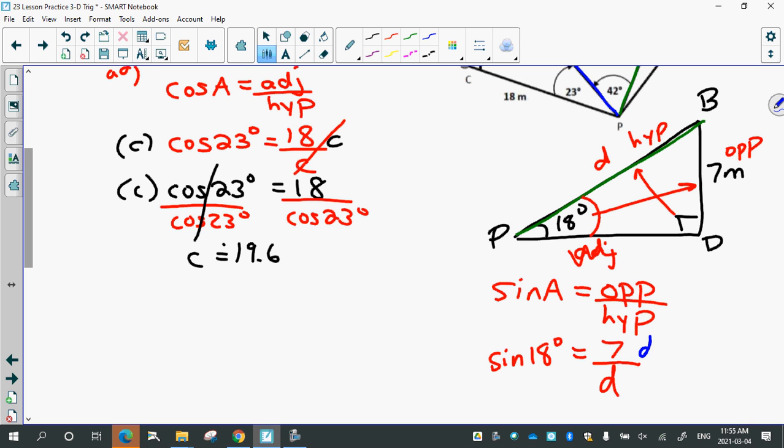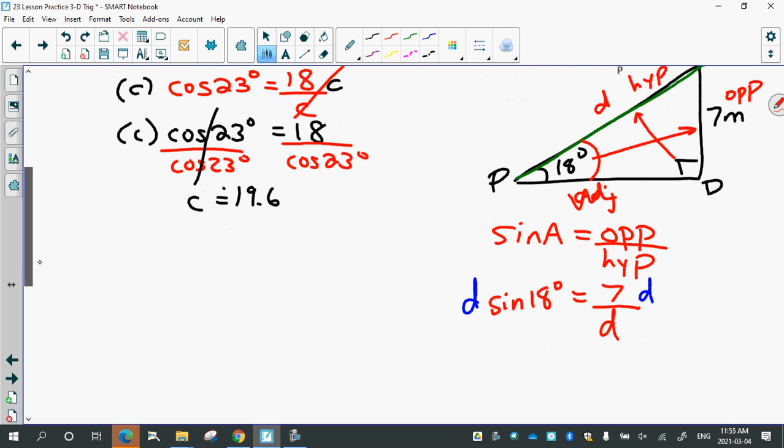Multiply both sides by d. d sine 18 degrees equals 7.